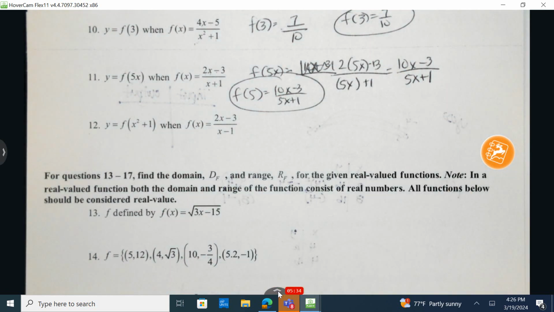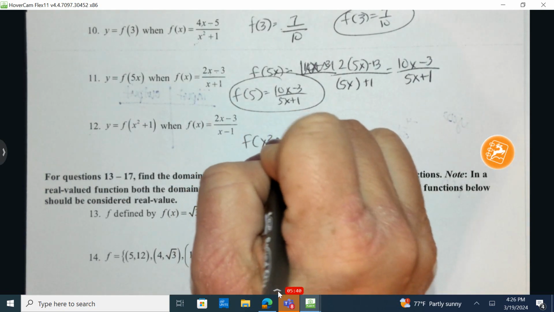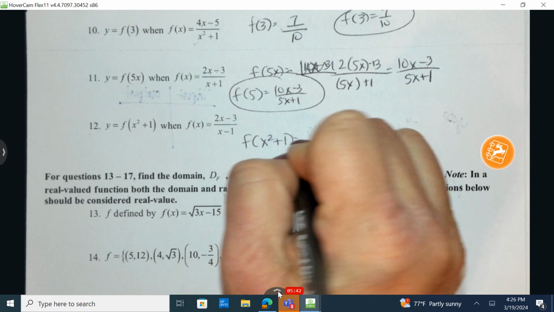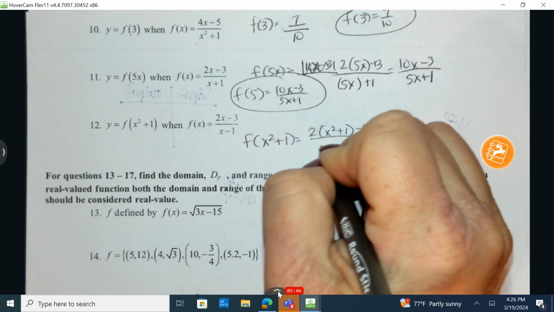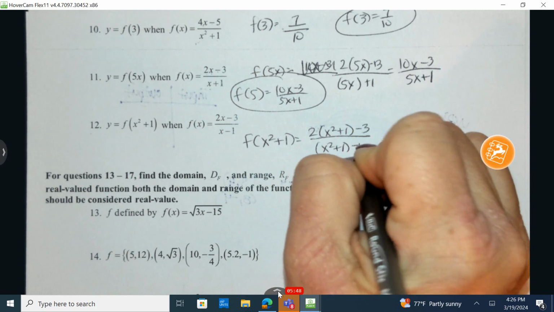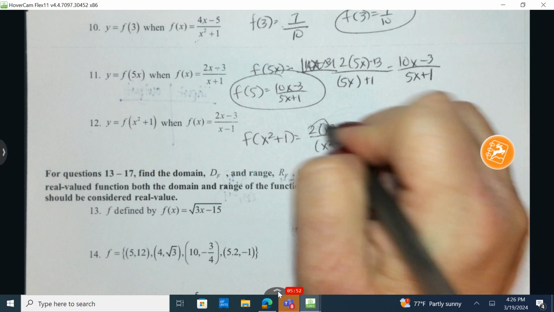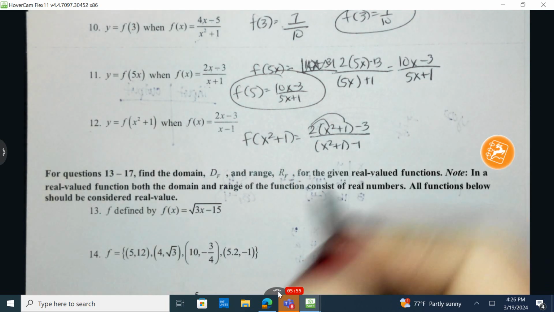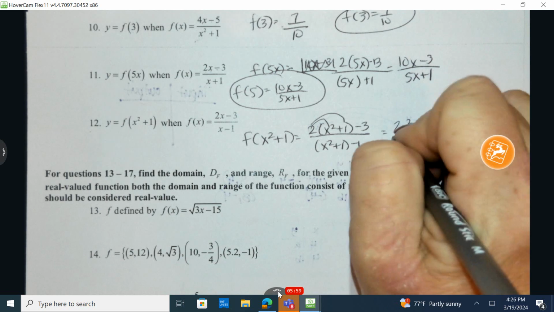Let's go on to our very last problem, number 12 here. Same thing, let me show all of my work. So I'm going to substitute in x squared plus 1 wherever I see an x. On top, x squared plus 1 minus 3, and x squared plus 1 minus 1 on the bottom. Okay, so the 2 does need to be distributed to both terms inside of the parentheses, and that gives me 2x squared plus 2 minus 3.